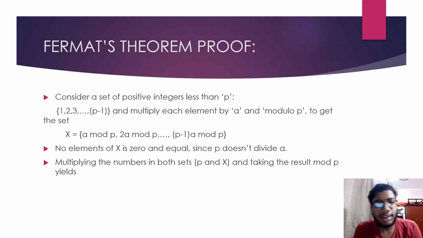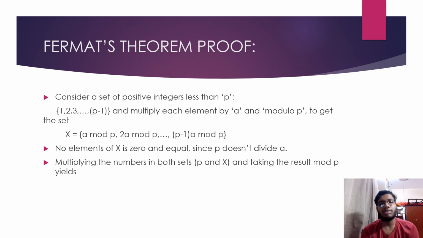To see this, let us assume that ja is equal to ka mod p, where 1 less than or equal to j less than k less than or equal to p minus 1. Because a is relatively prime to p, we can eliminate a from both sides of the equation, resulting in j equals k mod p.